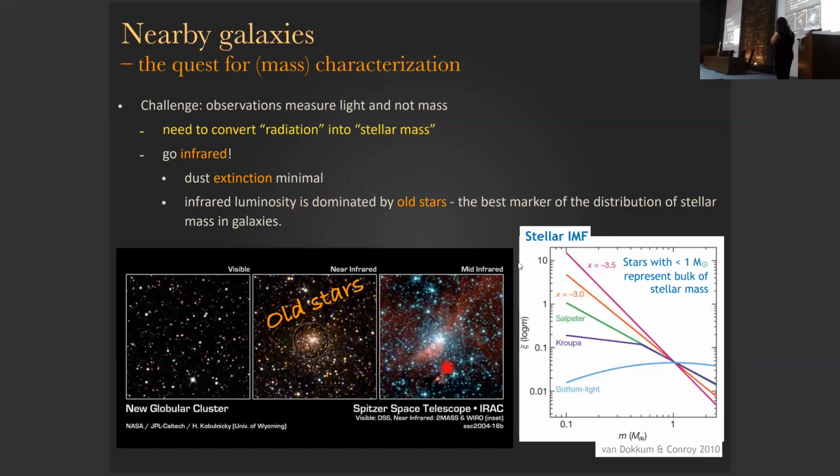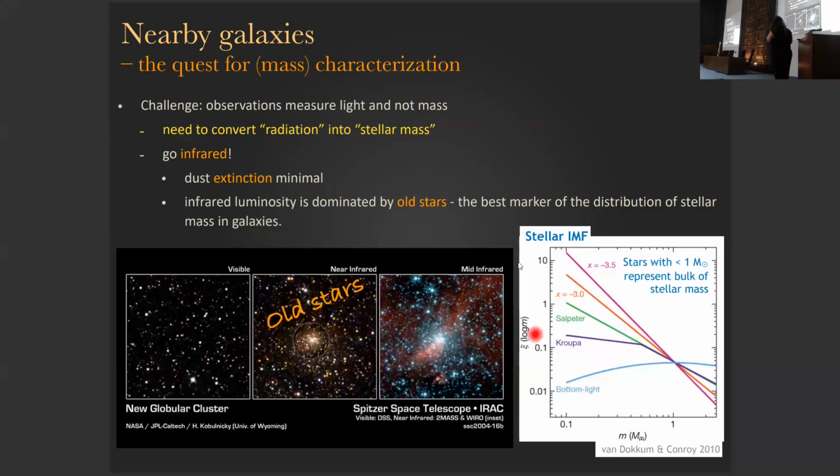If you look at these two images of a globular cluster, in the visible you don't see much of this cluster, but it lights up when you look in the infrared. The point here is not so much the dust extinction, but the fact that the infrared luminosity is dominated by old stars.